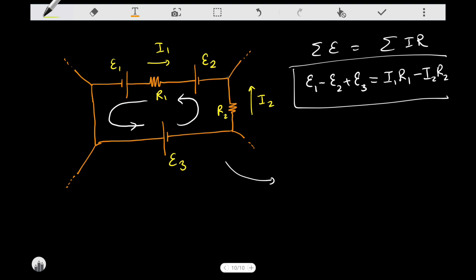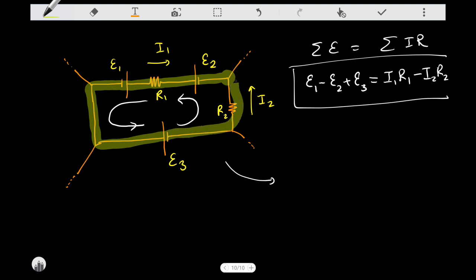Let's say that I start from this point. I move along that direction. So first I see E2. This is positive. Then I see E1 in the opposite direction. So that's minus E1. And then I see E3. That's also in the opposite direction. So therefore, this is minus E3. And then come back.